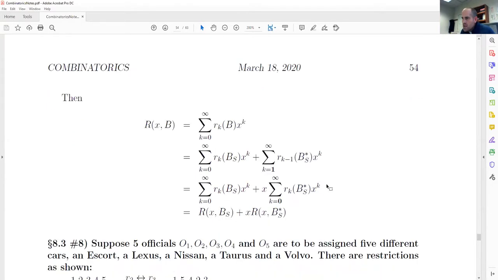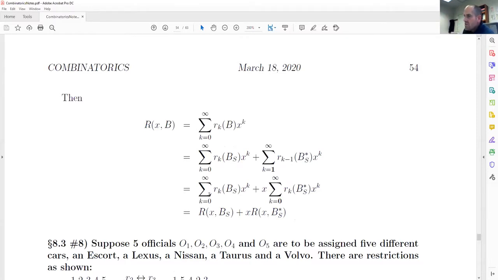Notice that the power on x is always 1 higher than the subindex here. So I'm shifting the index down to 0 and factoring out an x so that the subindex matches the power on x. That means I can start this sum from 0 and go to infinity, and there's an extra x sitting right here.